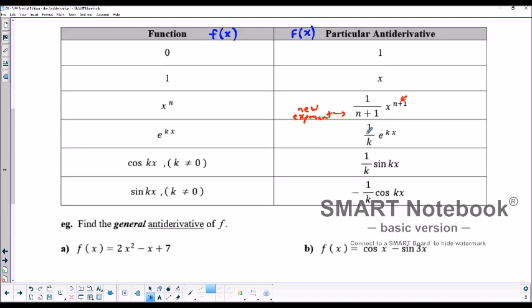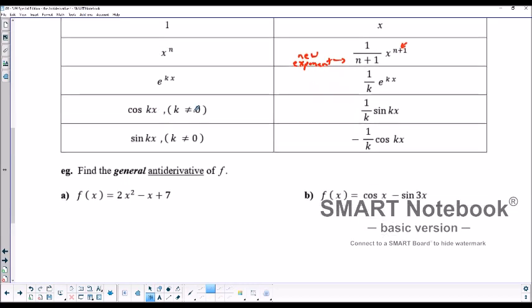E to the kx is 1 over k e to the kx. Again, we're multiplying by the reciprocal of the coefficient of x. Same thing for cosine and sine. We're multiplying by the reciprocal, and that will negate the derivative of the angle.